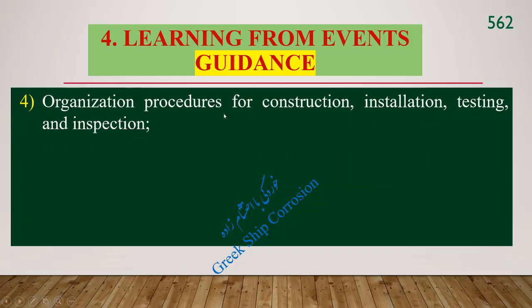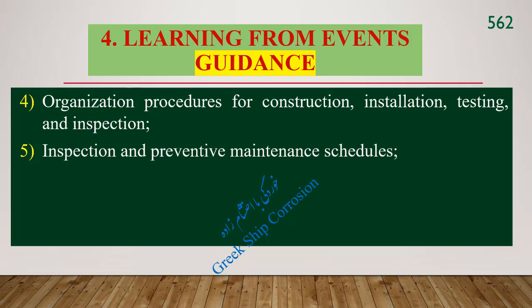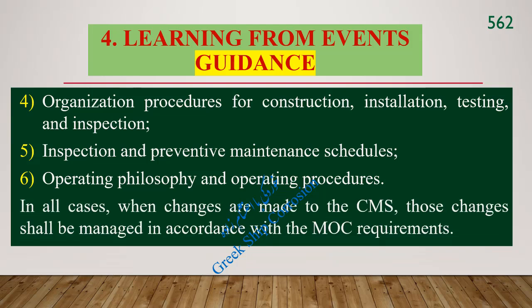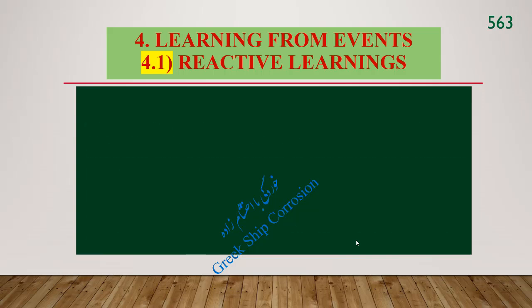Organization procedures for construction, installation, testing, and inspection. 5. Inspection and preventive maintenance schedules. 6. Operating philosophy and operating procedures. In all cases, when changes are made to the CMS, those changes shall be managed in accordance with the management of change requirements.